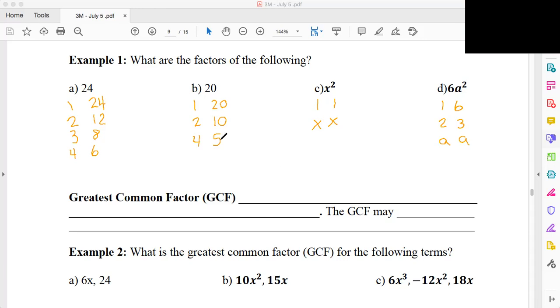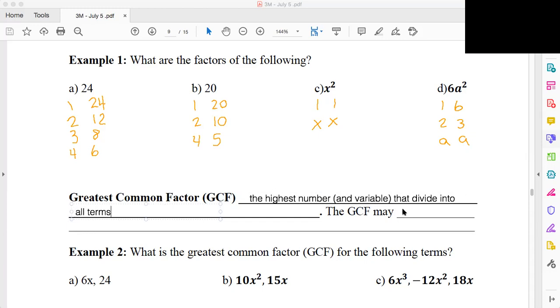Okay, so the greatest common factor is the highest number and variable that divide into all terms.